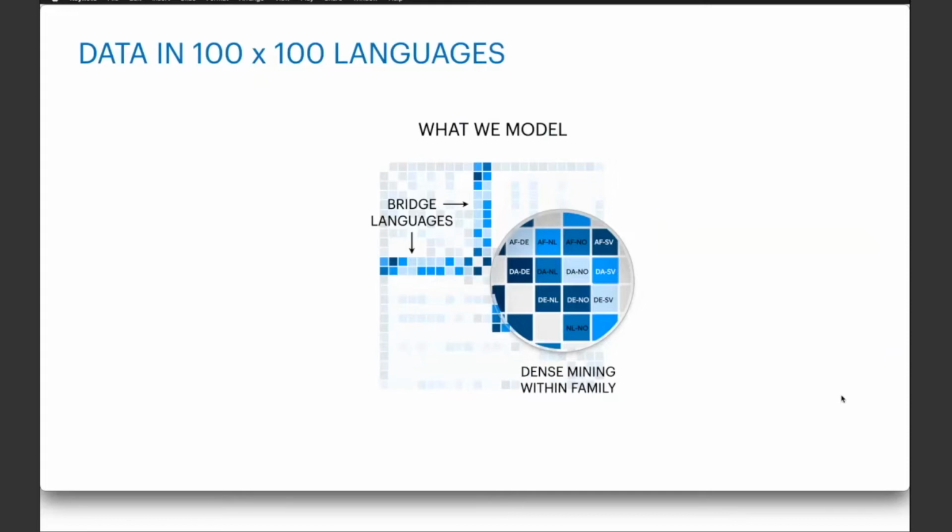The second is what we call dense mining within the family. You can think of this as very regionally motivated. The one I pulled up here is Scandinavian languages. In Denmark, Sweden, Finland, Norway, they have a lot of text that overlaps, and so you can get a lot of data just by mining within that Scandinavian language family.